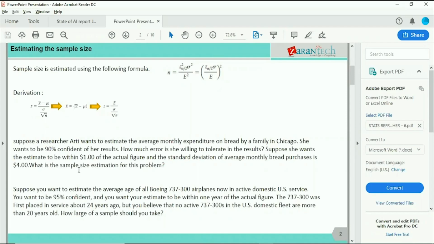Why? Because giving a higher estimate decreases your probability of making a mistake. For this case, if you say 43, then it might be more than that. But if you say 44, it is way above it and you are safe. So if you collect 44, your results will look good. Make sense?